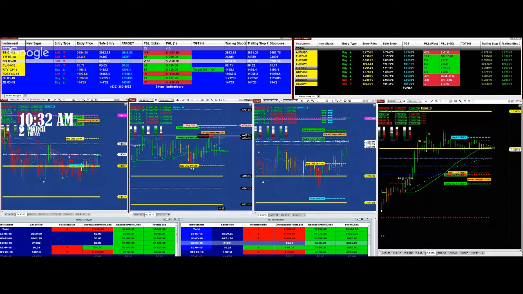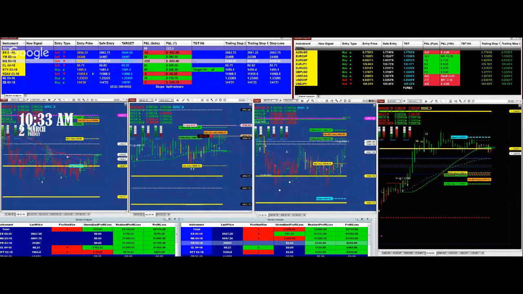As an example, if we look at the ES, we have a re-entry, safe entry at 62.50. This is your re-entry on the pullback. And you see here the safe entry is 62.75. Sorry about that. But this is the safe entry.